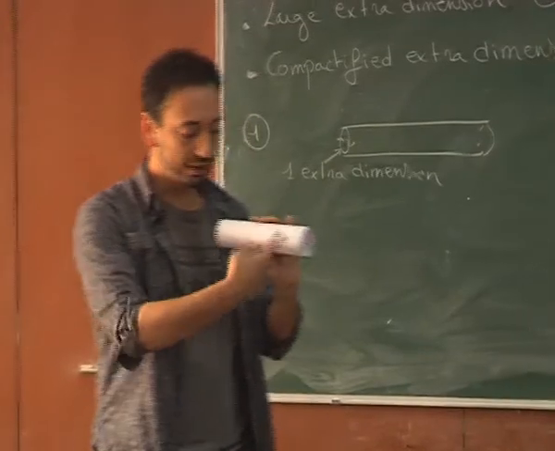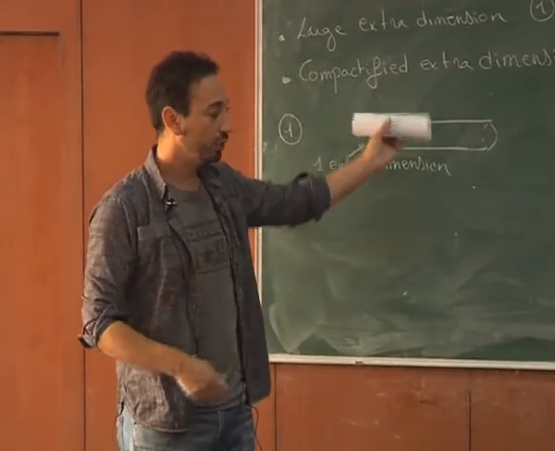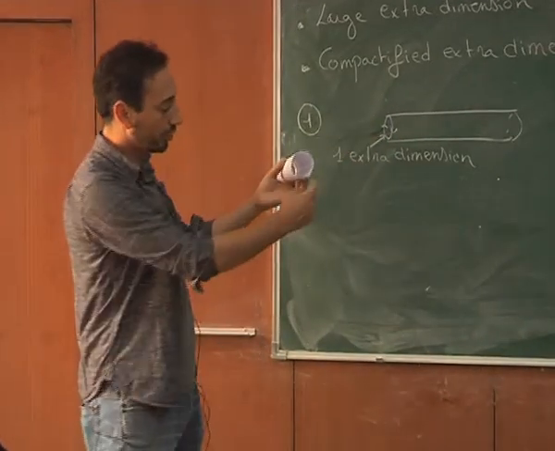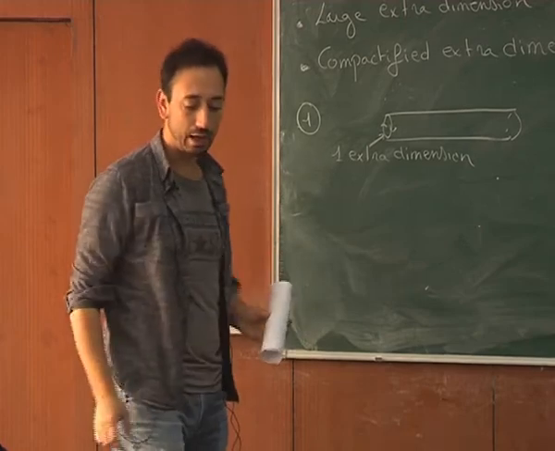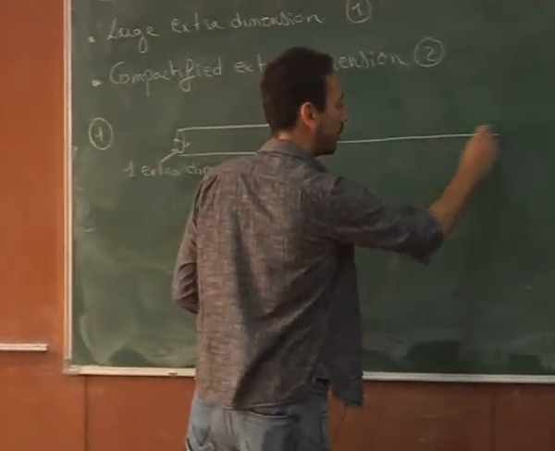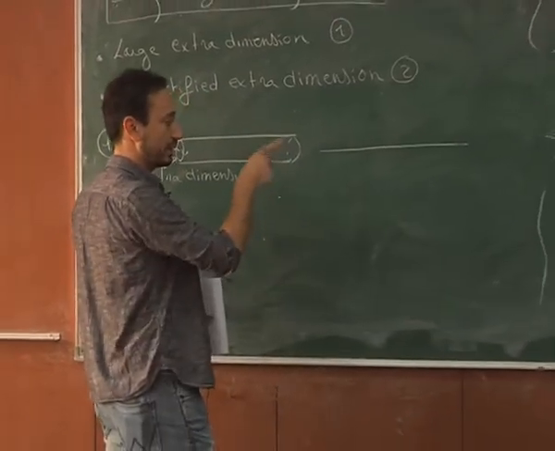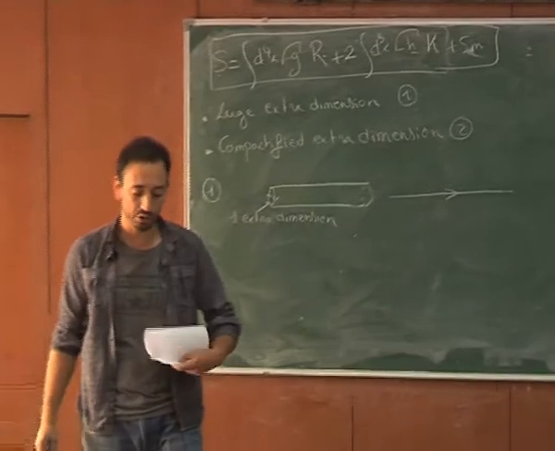This dimension, we see it very well, fine. The extra dimension, if I put it very, very far, you will not see this extra dimension. You will think that it is just a line. If I see this from very long distance, I will just see that. I will not see the extra dimension. So I will say that it has only one extra dimension.